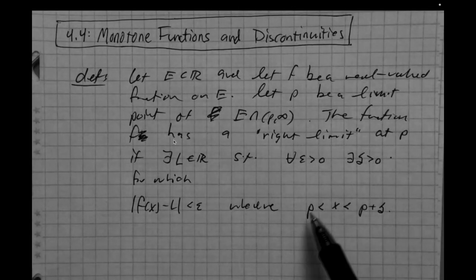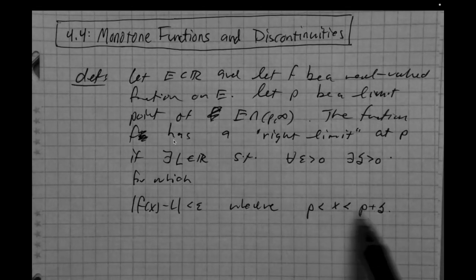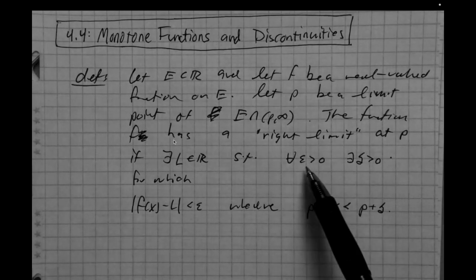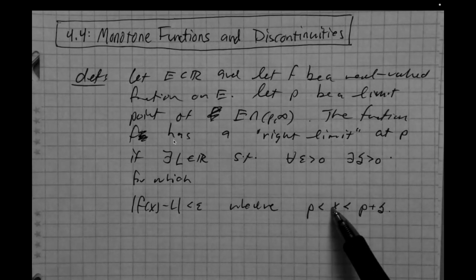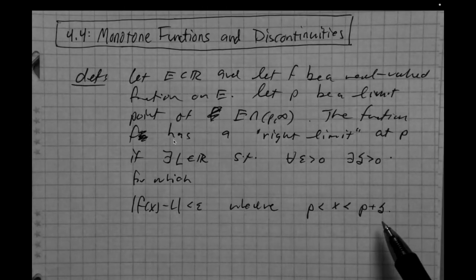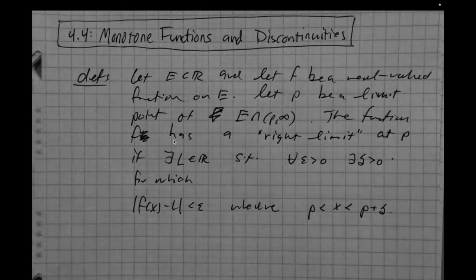So that's why we say x has to be between the limit point itself and some delta distance. So you give me an epsilon, I identify a delta, and whenever x is within delta of P on the right, then the function has to be within epsilon of the limit. So very much the same as an overall limit, just directionally it has to be approached from the right.